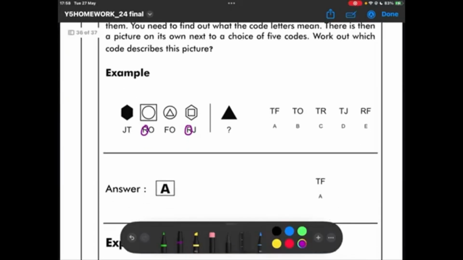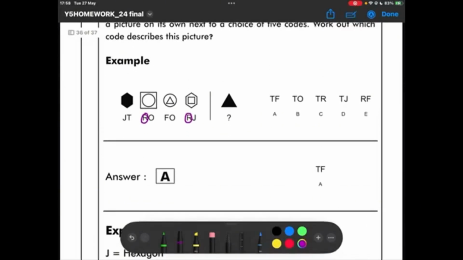Actually, that's a bit of a confusing one. Actually, they both have a square. That's what they both got in common. So the first letter determines what shape is present.